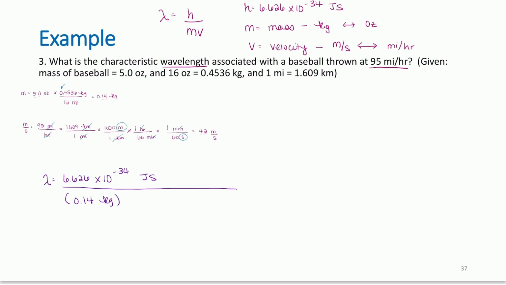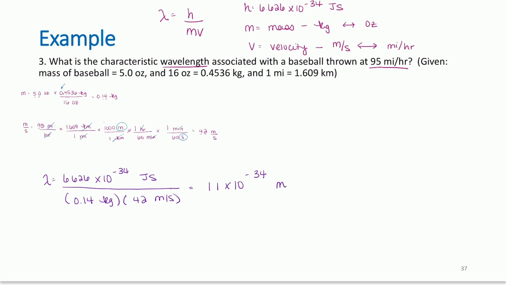Don't forget that leading zero, it's just a placeholder. Times 42 meters per second. Calculate this out, and we get 1.1 times 10 to the minus 34 meters.